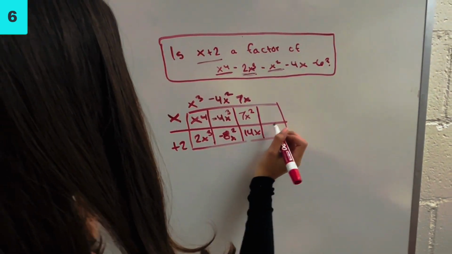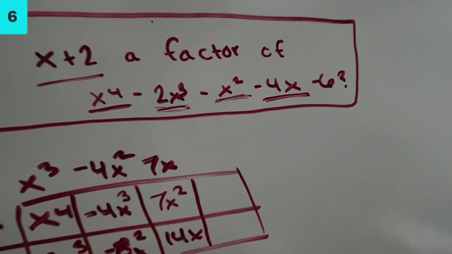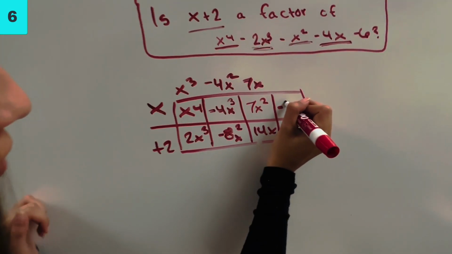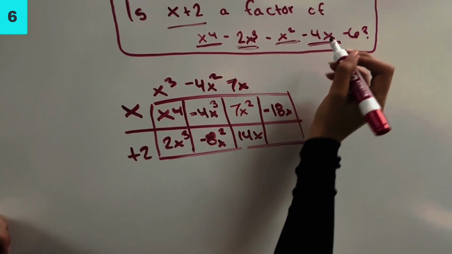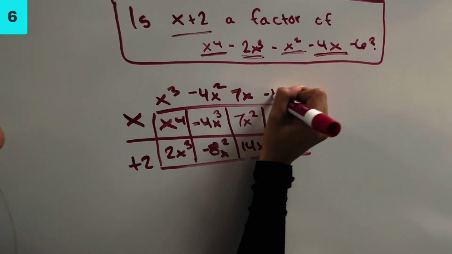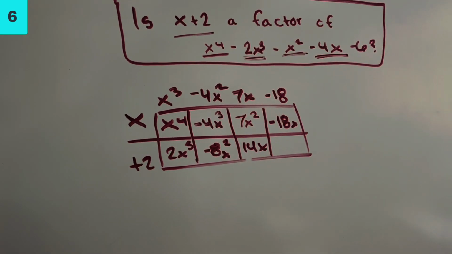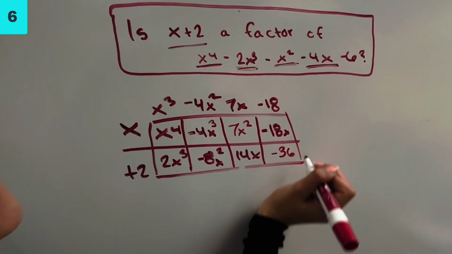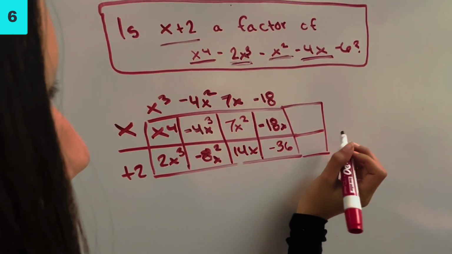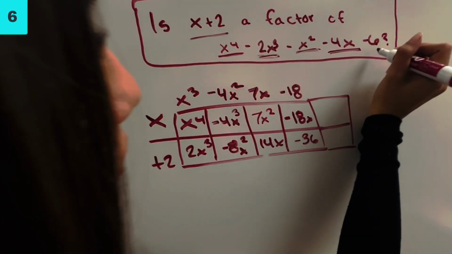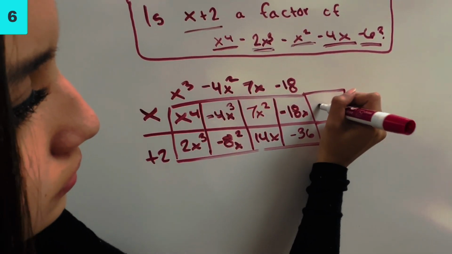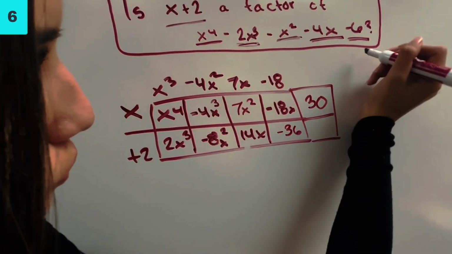And now we have to find this one right here. So 14x and minus 18x will give us minus 4x easily. Now we just bring in the numbers. And now we're missing one more box. Now we need to find how to get minus 6. Minus 36. So all you need to do is add 30, and that will give you minus 6.